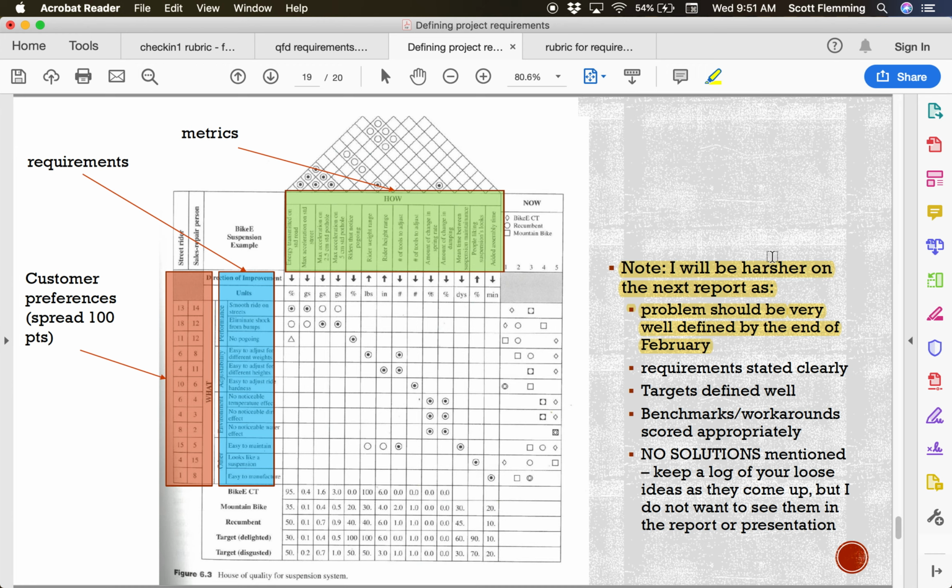So what you need is, I'm going to look at the rubric in a minute here, where I describe in detail what you need. From a big picture point of view, when I pull up the rubric, it's obvious, but the problem should be very well defined. You should have prioritized what the key problems are.